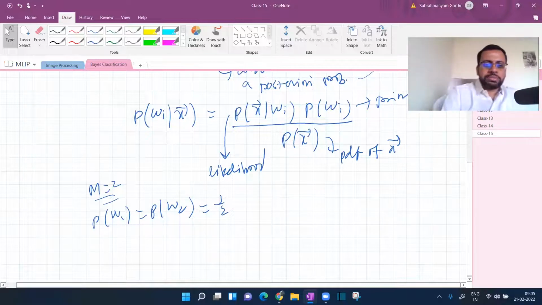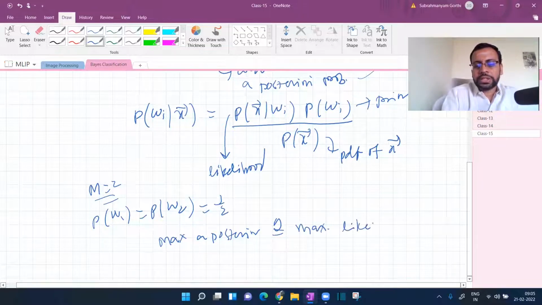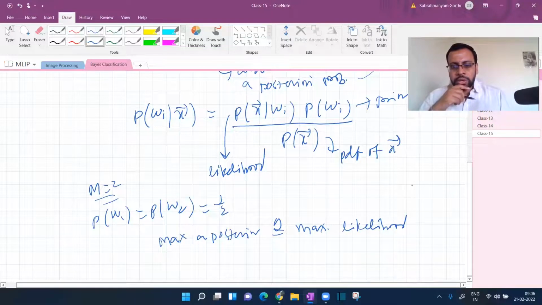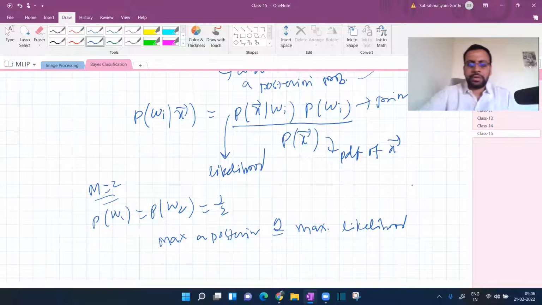So with these assumptions, maximizing a posteriori probabilities will be equivalent to maximizing the likelihood functions.